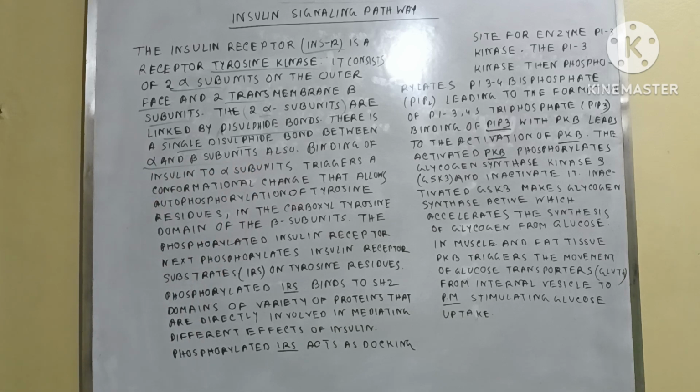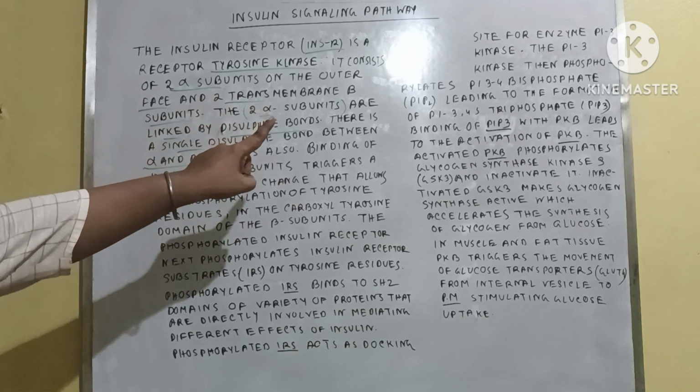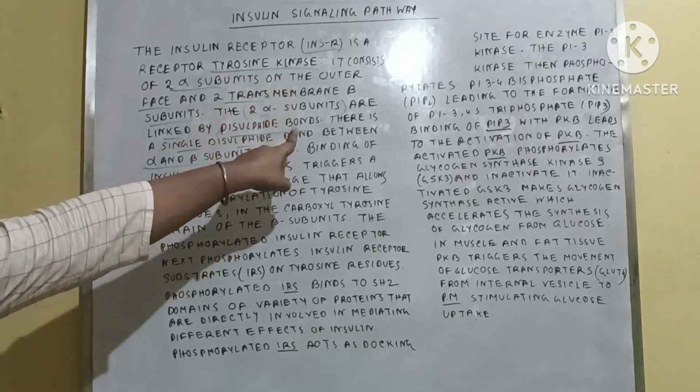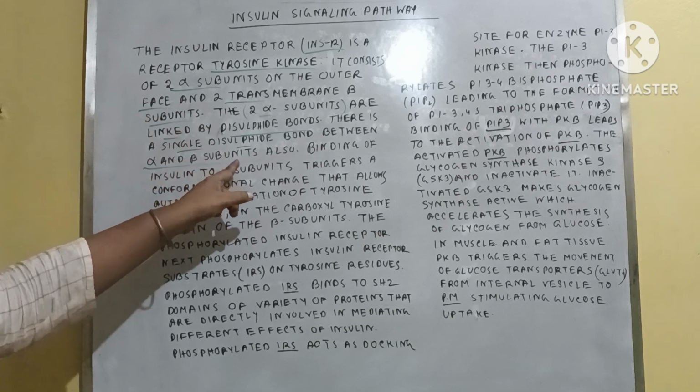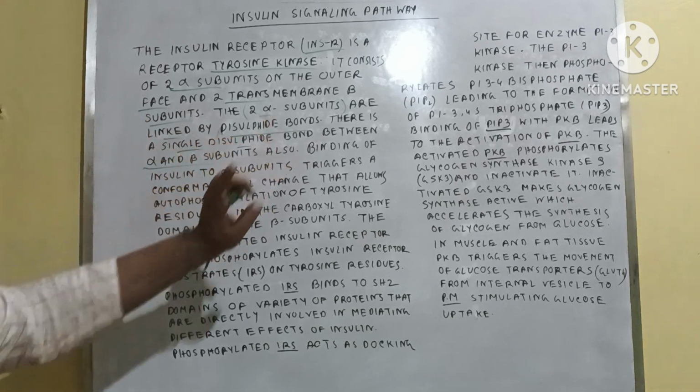So the two alpha subunits are joined together by a disulfide bond, and the alpha and beta subunits are also joined by disulfide bonds.